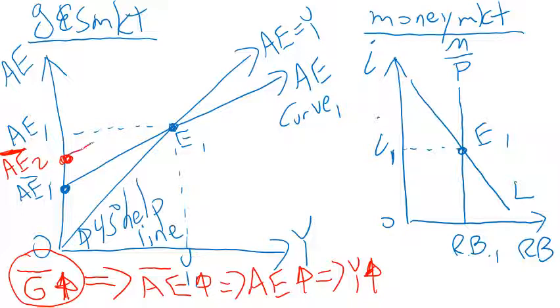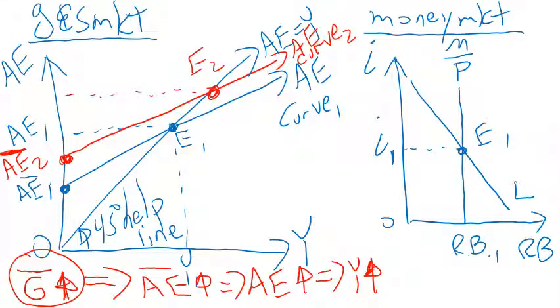So we get a new aggregate expenditure curve, which we label as aggregate expenditure curve 2. We get a new equilibrium, there it is, E2, a new level of aggregate expenditures, and a new level of GDP, or Y in this case.